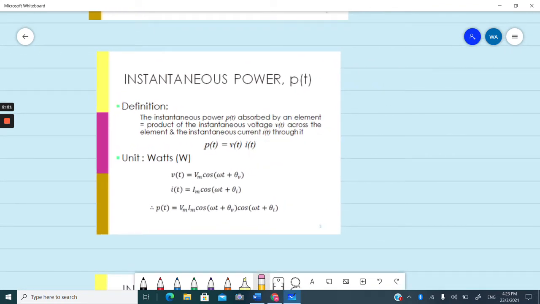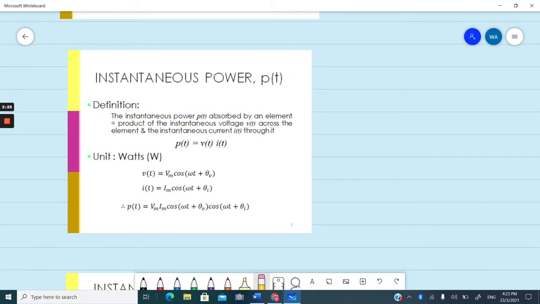So what is instantaneous power? As a definition, you have learned in Circuit Theory 1 that P equals IV, or equivalently P equals VI.